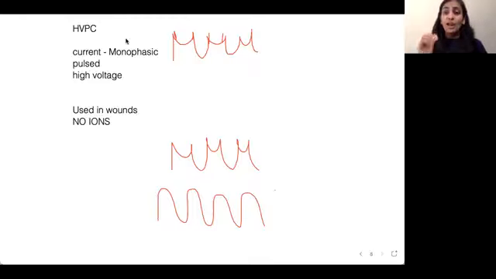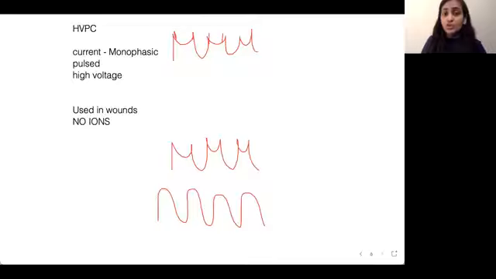Now, whenever you're giving currents for wound healing, you can give monophasic currents. You can also give biphasic currents. Which ones are better? Monophasic are always preferred over biphasic for wound healing. Always remember that.